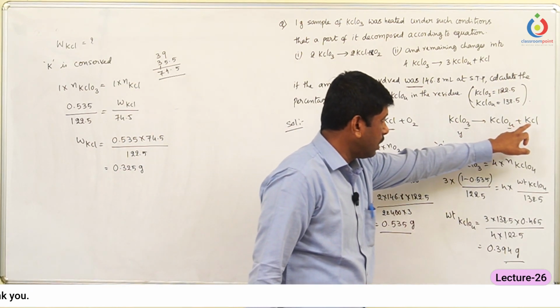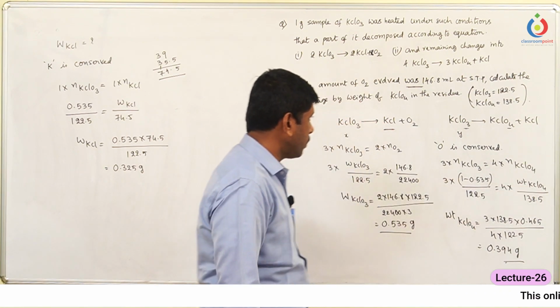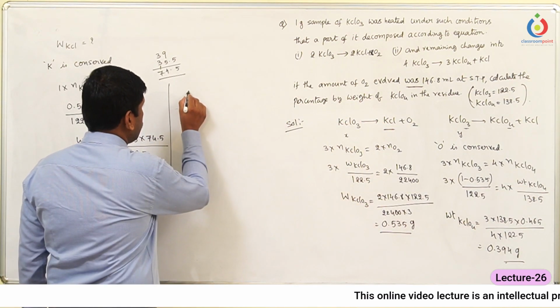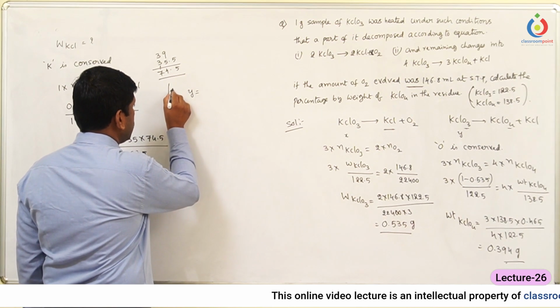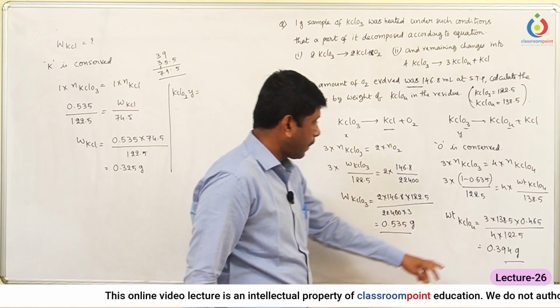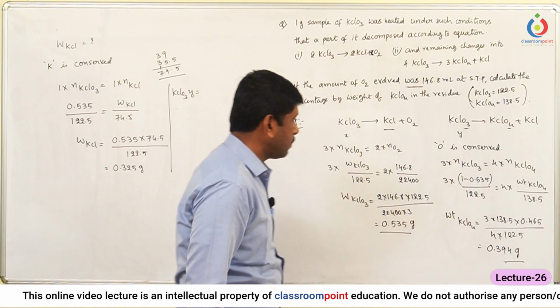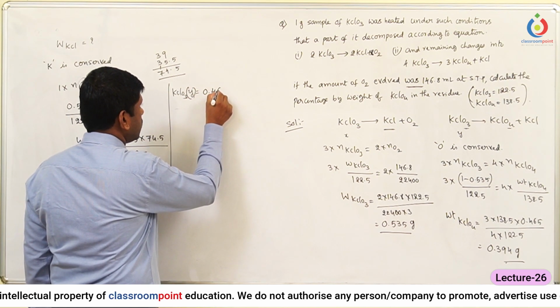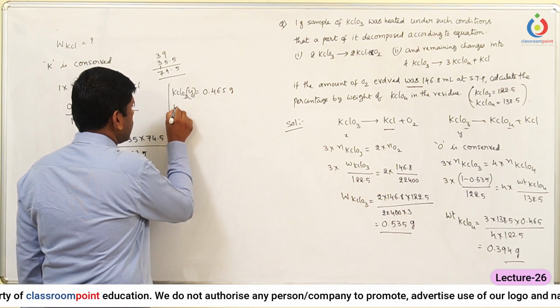Now let us calculate how much KCl is produced. Very simple: in the second equation, the mass of y, that is KClO3, is 0.465 grams involved.